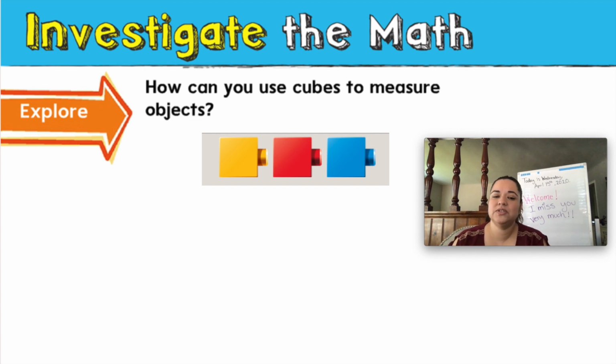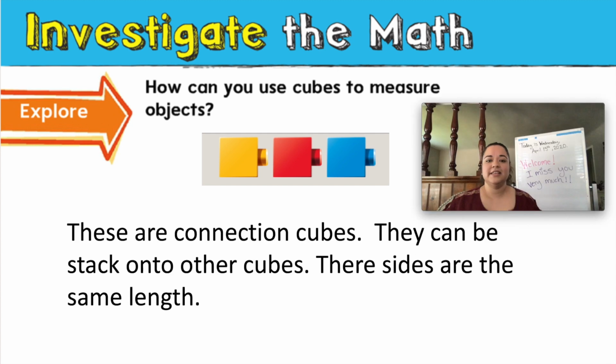So let's get started. How can we use cubes to measure objects? Or not just cubes, how can I use paper clips, coins, beans? How can I use non-standard units of measurement to measure objects? These are connection cubes.